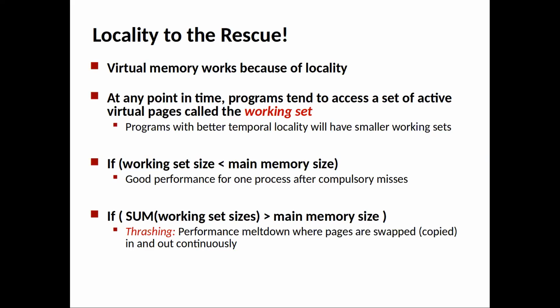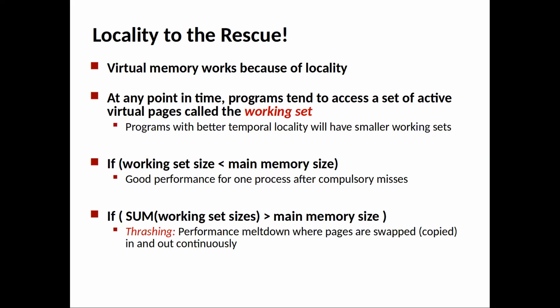But then there is another issue. If our working set size is less than main memory, then it's fine, right? We keep everything in physical memory. But the moment that the sum of the working sets exceeds the main memory size, that means we are forced to keep something on the disk. So the moment that happens, we will have to bring pages back and forth.